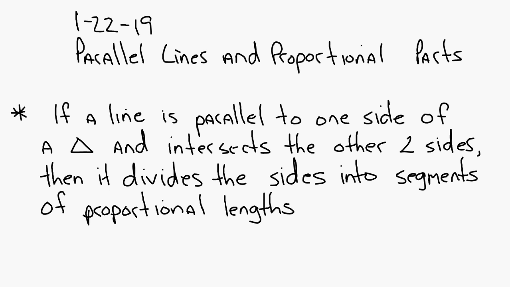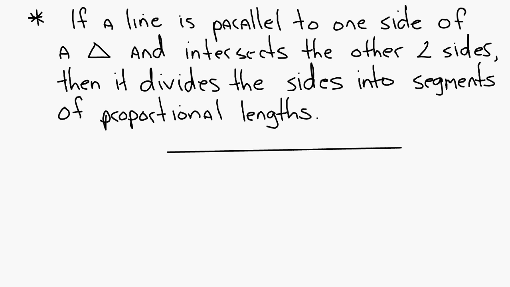If a line is parallel to one side of a triangle and intersects the other two sides, then it divides the sides into segments of proportional lengths. So here's a picture of that. You've got a triangle.